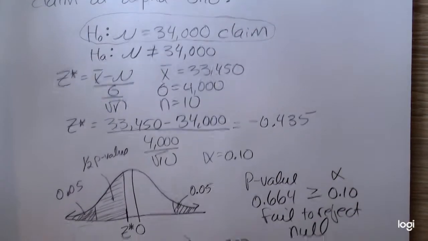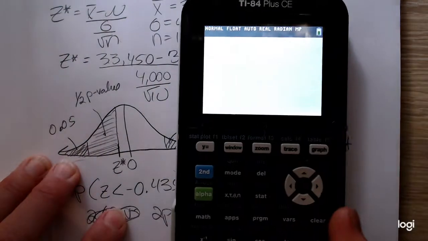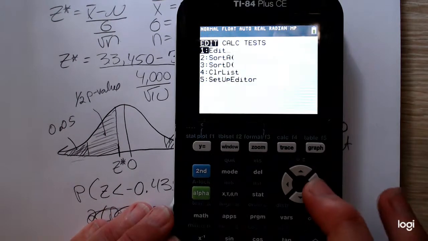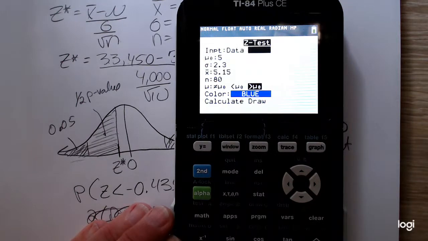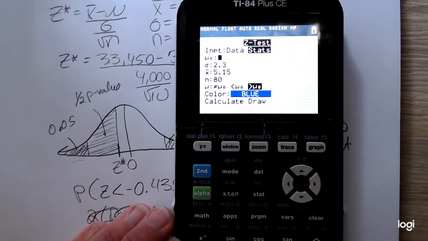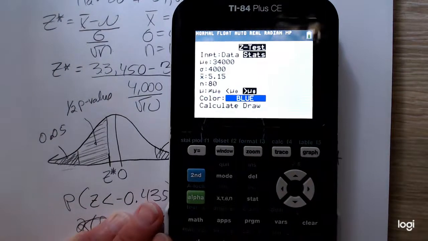To get the standardized test statistic and p-value directly, we can go to the z-test, pressing stat, right arrow over to tests, select z-test. We have our summary statistics. The null statement is 34,000. The assumed population standard deviation is 4,000. The sample mean was 33,450.